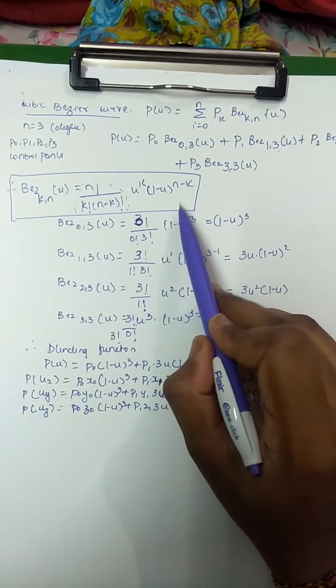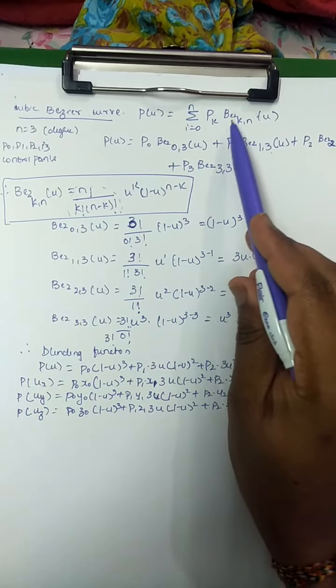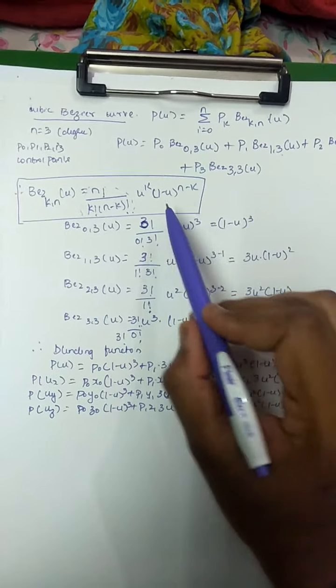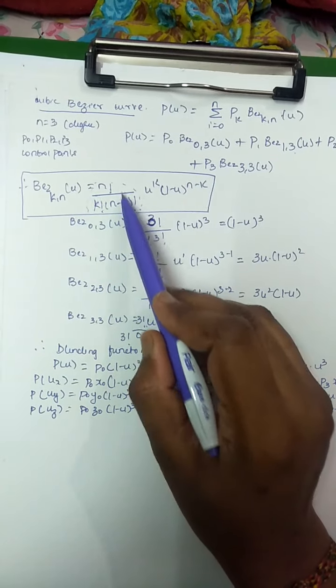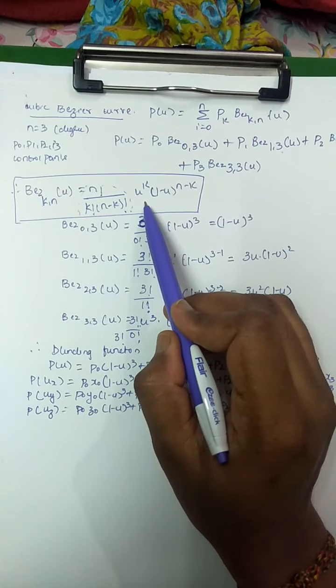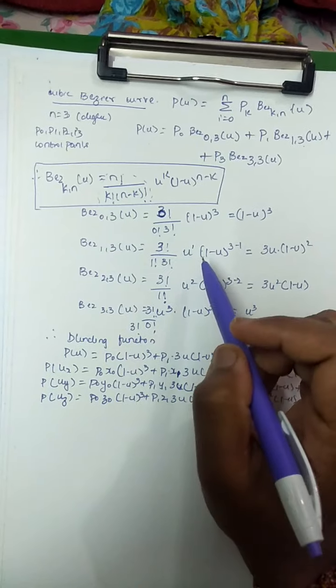We know the equation of the Bezier curve with respect to this. So this is the blending function. Let me take the equation, that is n factorial divided by k factorial into n minus k factorial into u power k, 1 minus u power n minus k.